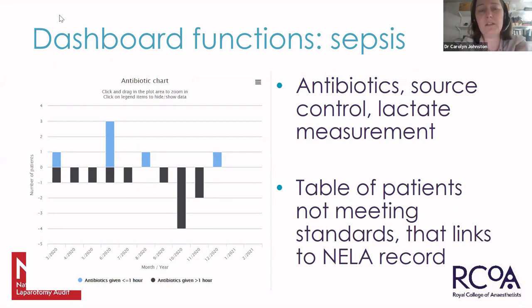So these are all elements of the sepsis 6. You also have there a table of patients that don't meet those standards of care, so you can link back to that patient's NELA record and look into them in a little bit more detail why they don't meet that standard of care.